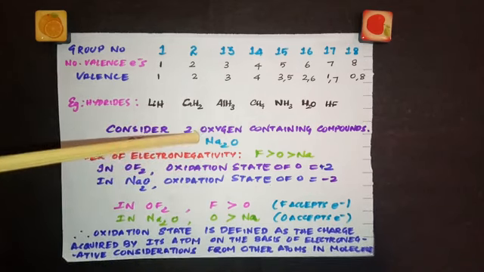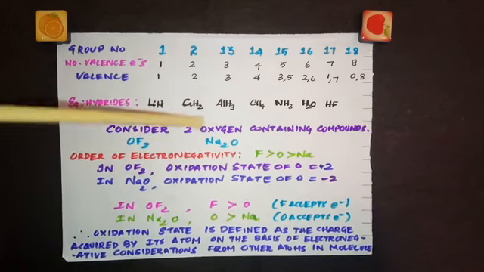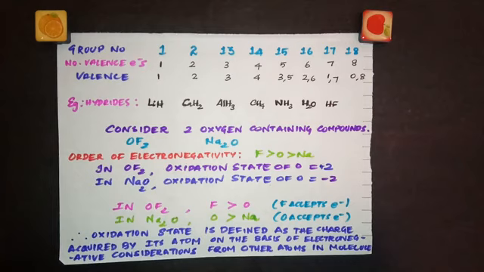Now coming to this example, Na2O. Here which is more electronegative? Oxygen is more electronegative. So oxygen, being more electronegative, accepts 2 electrons, one from each of the 2 sodium atoms, and so oxygen is assigned an oxidation state of -2. On the other hand, sodium with the electronic configuration 3s1 in the valence shell loses one electron to oxygen, so it is given an oxidation state of +1.